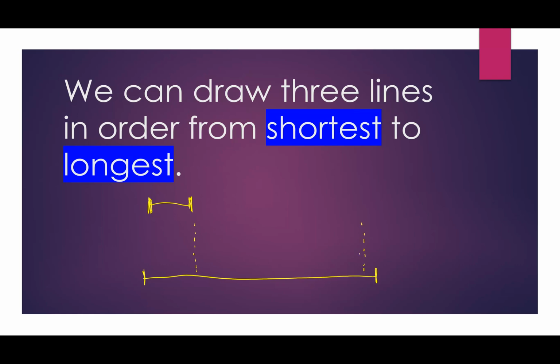I can draw anywhere between that because it's in the middle. So I can draw from here to here. You see? This is the shortest. And the last one is the longest. Okay? Next.